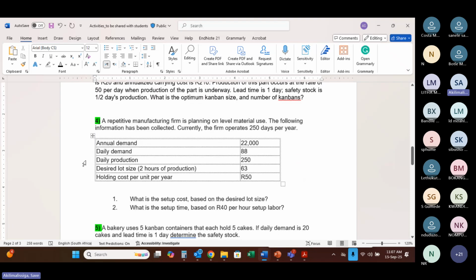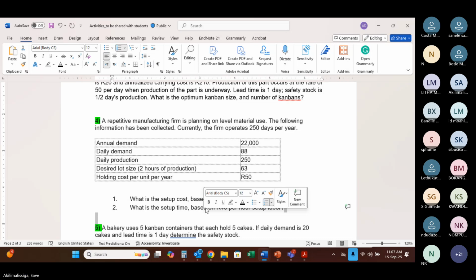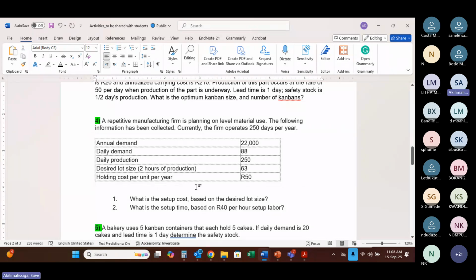So let's look at question number 4, whereby you have to calculate the setup time, so that you can also touch base on that concept. What is happening here is that we have all the data, all right? A repetitive manufacturing firm is planning on level material use. The following information has been collected.